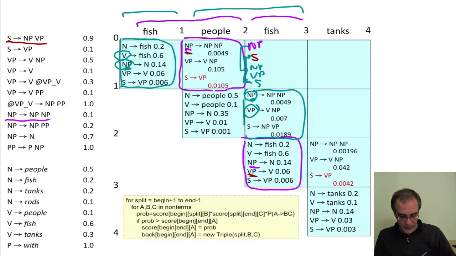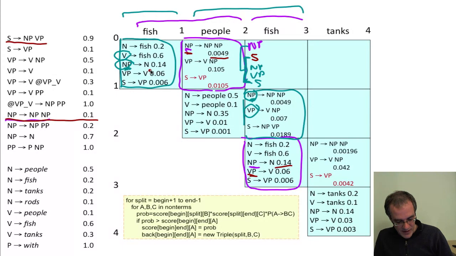Now actually, if you work through the math in this case, there's a little fine point for the NP case, because if you look at the NP case, for the purple one, it's 0.0049 times 0.14, and the probability of the NP rule is a constant 0.1.